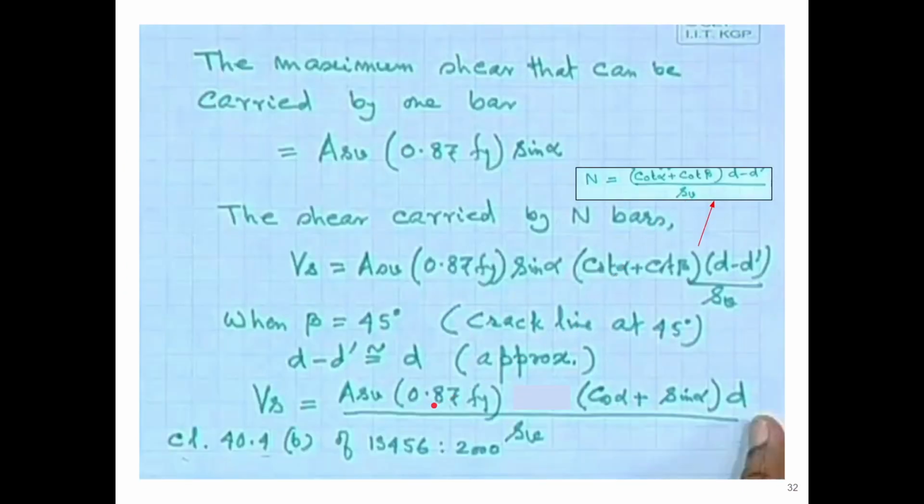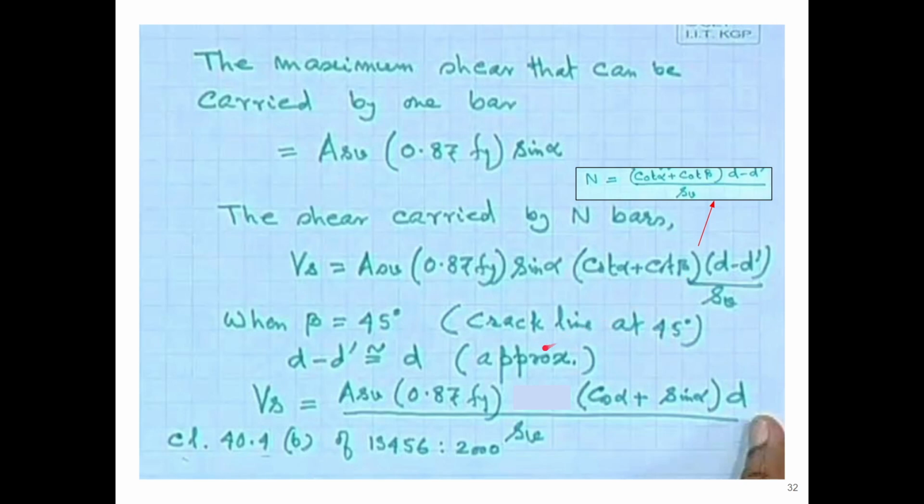If we assume that approximately d minus d prime is about equal to d, then Vs becomes ASV into 0.87 Fy. Here what happens is this cot beta. So cot beta will be cos 45 by sin 45, right?